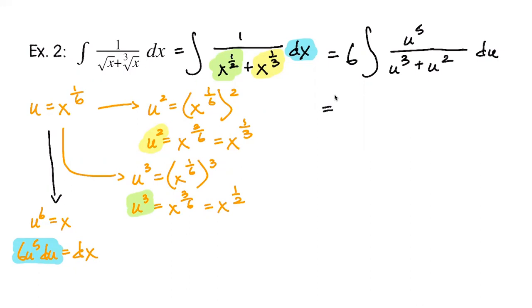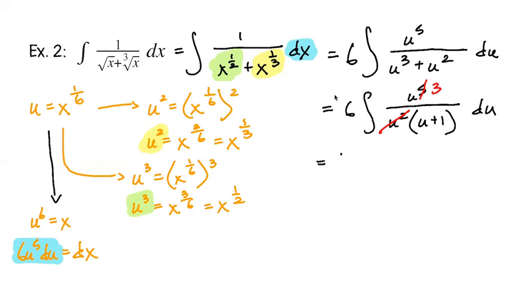Now for more algebra, we're going to take that denominator, factor out the greatest common factor, and we'll have u plus 1 left inside. And the reason why it's probably a good idea to do that is because now these two are going to reduce with 2 of those up there. So I end up with u cubed on the top, which is going to give me 6, the integral of u cubed over u plus 1 du.